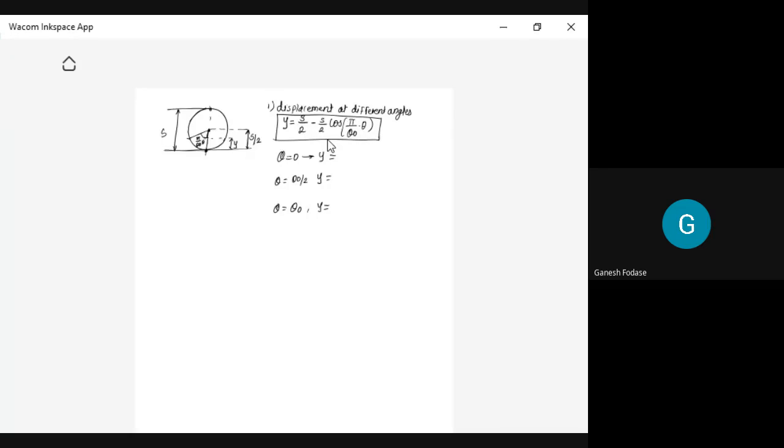So s by 2 minus s by 2, how much is it? Yes, it is 0. So at theta is equal to 0, y is equal to 0. That is obvious. We know that. When the cam starts rotating, its follower displacement is 0. Yes or no? At the beginning, it must be 0.